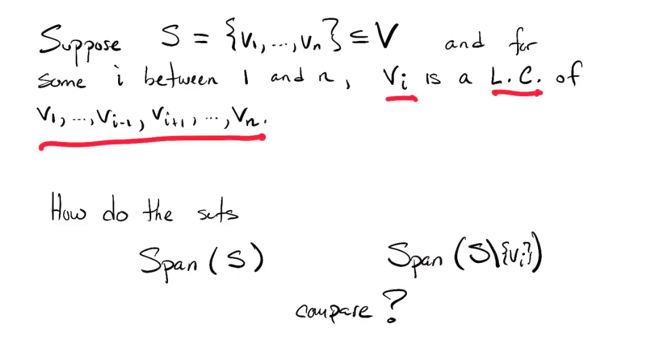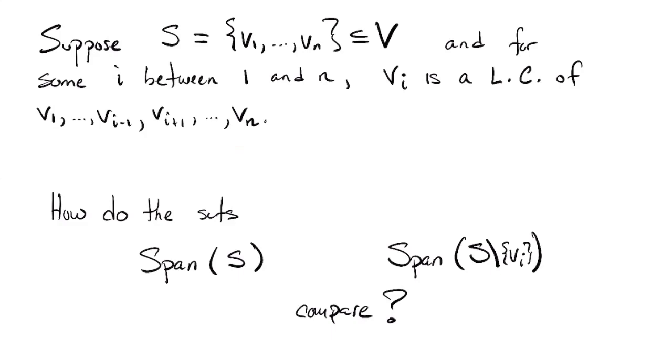This is my notation for the other ones: v1, v2, and so on up to v sub i minus 1, right before i. Skip over i, it's not there because I'm talking about everything else. So the next one is v sub i plus 1, and then so on. So suppose that vi is a linear combination of these other ones.